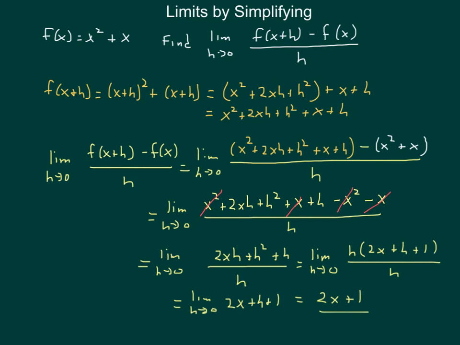So when I pull that common factor out, I get h times 2x plus h plus 1, and that's over h. Now the h's drop off here. So this has become just the limit as h approaches 0 of 2x plus h plus 1. Well, as h goes to 0, that term is going to drop off. And so my final answer in this case is 2x plus 1.